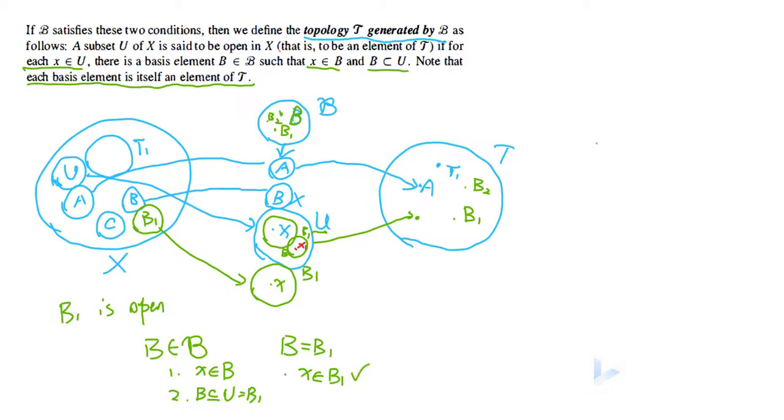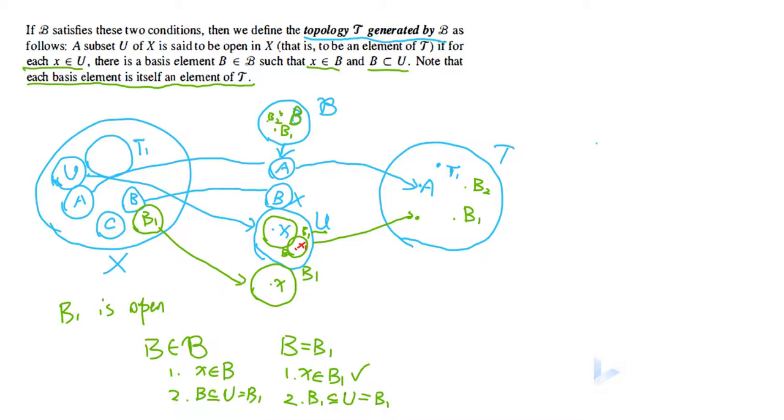So the first requirement is satisfied. For the second one, because the B is B1, B1 should be a subset of the U, which here is B1. So we have this relationship.